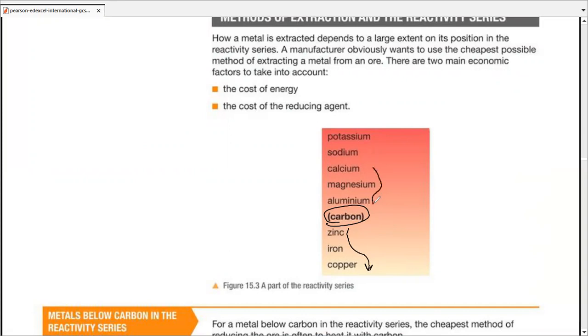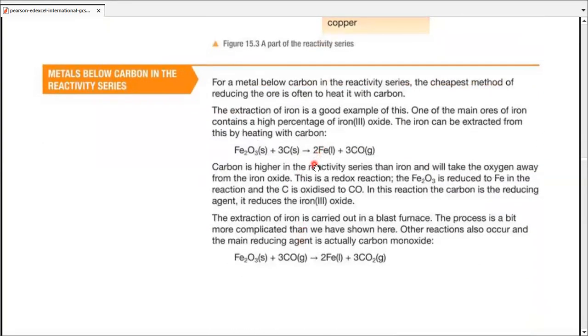The ones more reactive than carbon are all group 1 and group 2 elements, also including aluminum from group 3. So carbon cannot be used to reduce them from their oxides, but can be used for zinc, iron, or copper. That's a decisive factor for using carbon for these.